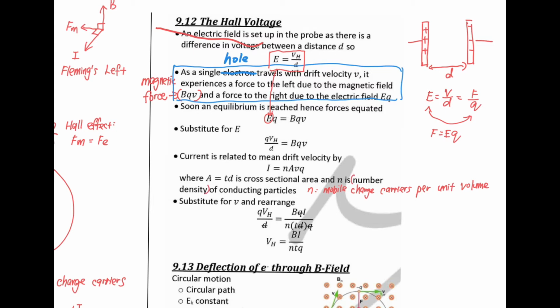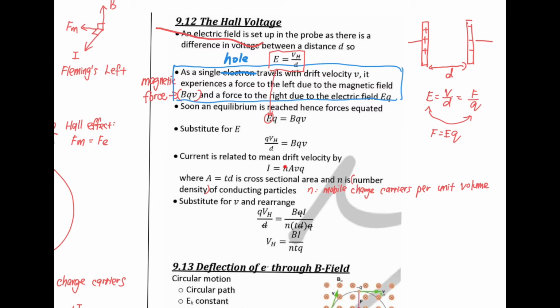The normal density that we normally hear is mass divided by volume. Number density is number divided by volume. So if you can't remember number density, then you take this as number of mobile charge carriers per unit volume. So it's number divided by volume. So that is the N.